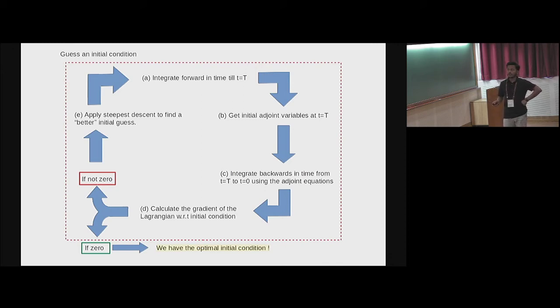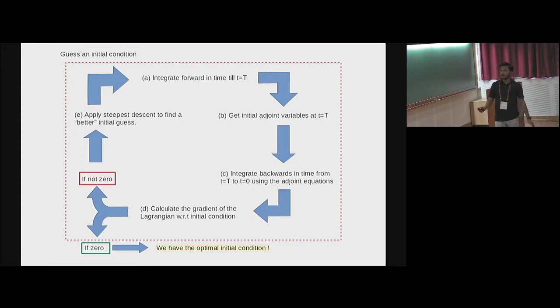And then you calculate the gradient of the Lagrangian that you have defined with respect to the initial condition. It really gives you a sensitivity: how much the cost changes with respect to the initial condition. If it's 0, you have reached an optimal condition, because everything has to identically go to 0 at optimality, or numerically, to machine precision.